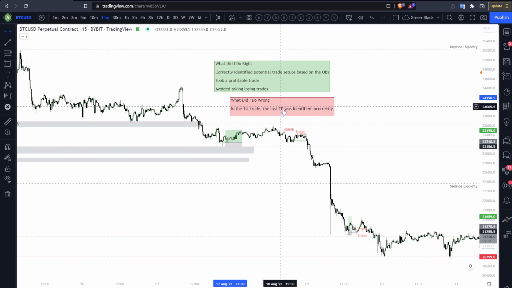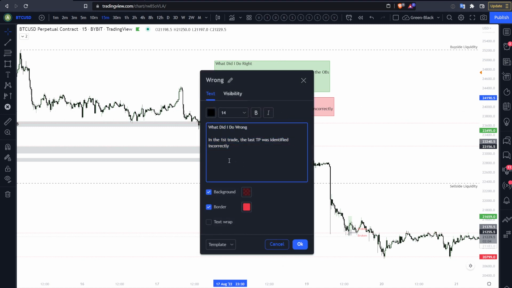So I guess I was too picky about price reaching the exact setup area.